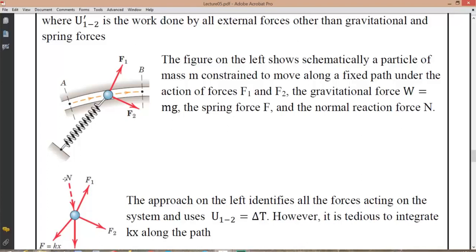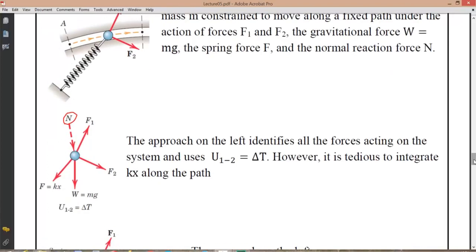And you can imagine that this n will not do any work, by the way. If there's no friction here, if this slot is frictionless, this n will have no effect on the motion of this particle. Other than keeping it in the guide, we're not going to see it in the energy equations.